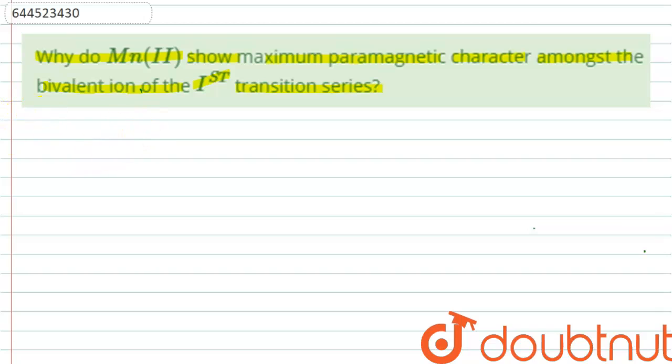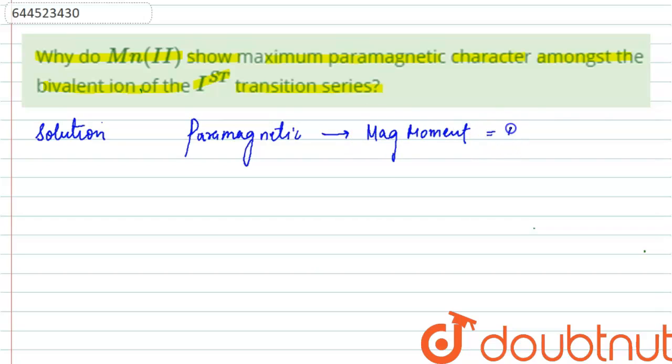So let us try and understand, before we solve this question, that paramagnetic behavior is directly related to magnetic moment, which is equal to under root n into n plus 2, where n is the number of unpaired electrons.